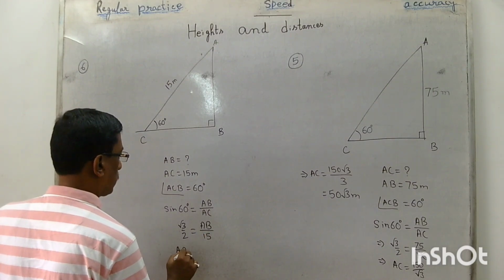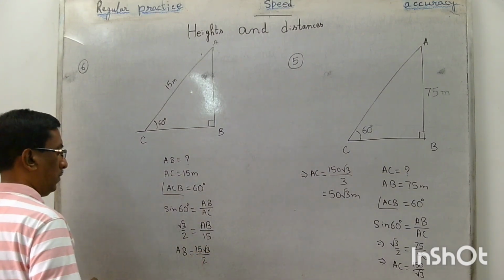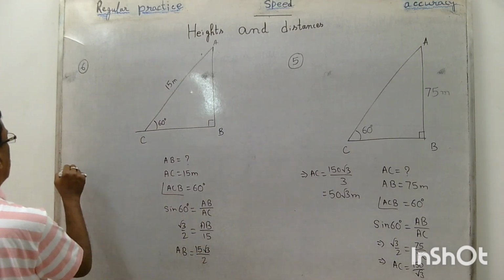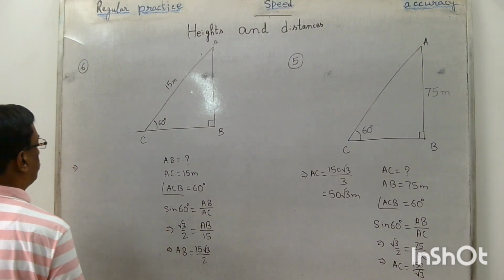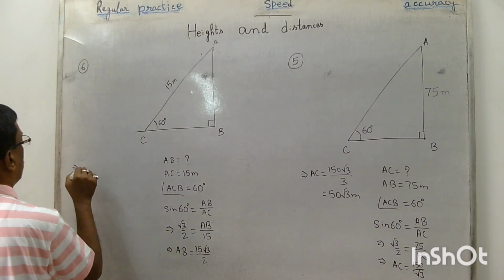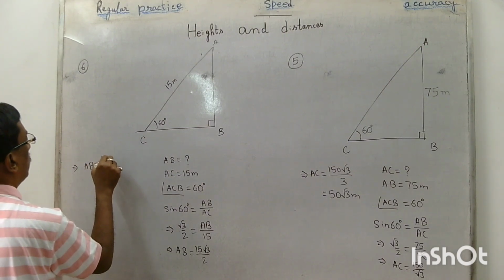AB equals 15 root 3 by 2. Implies that AB equals 15 into 1.732 by 2.